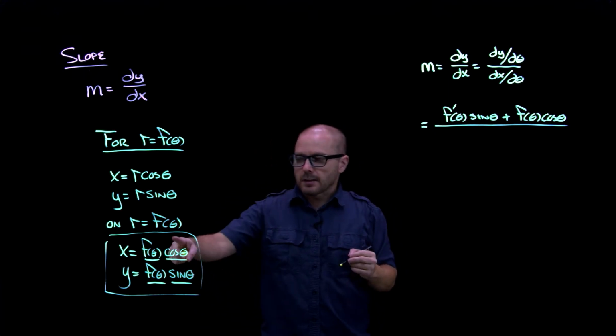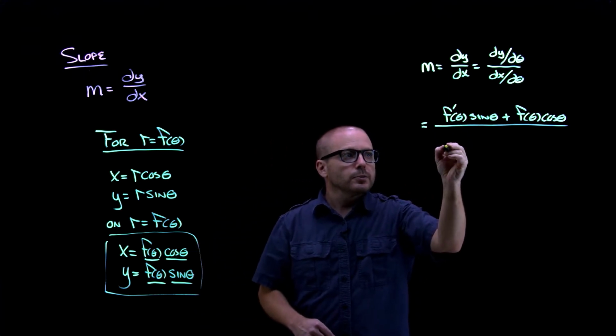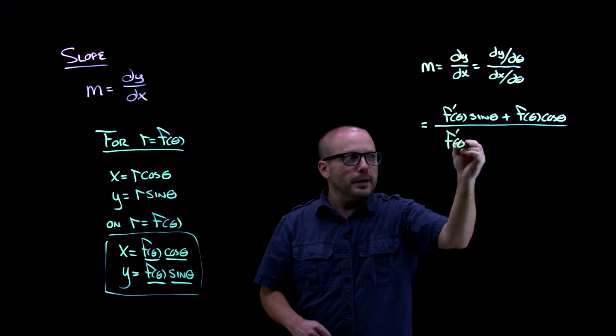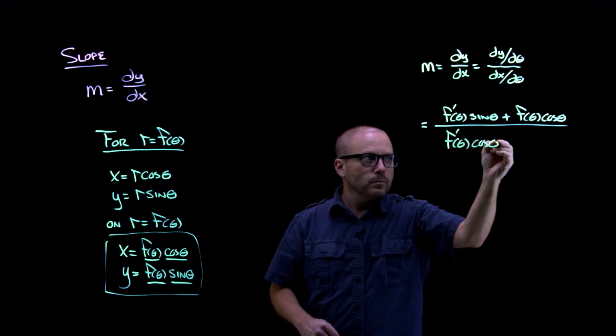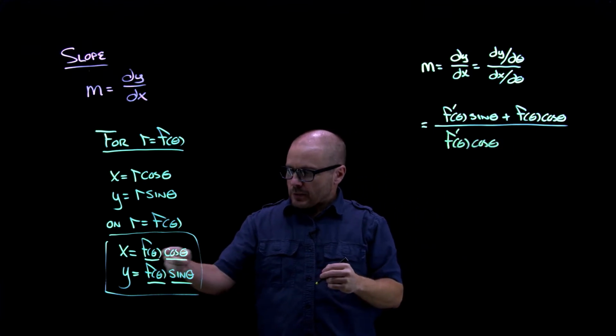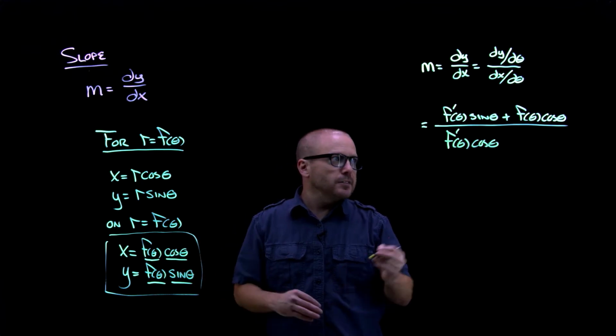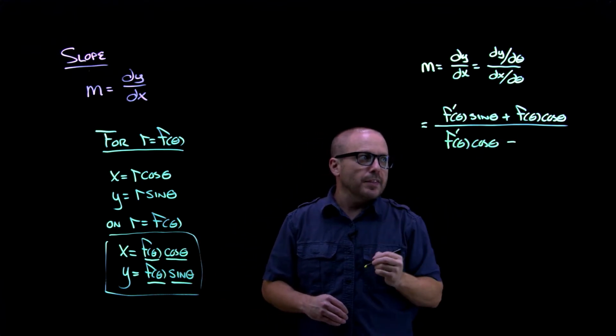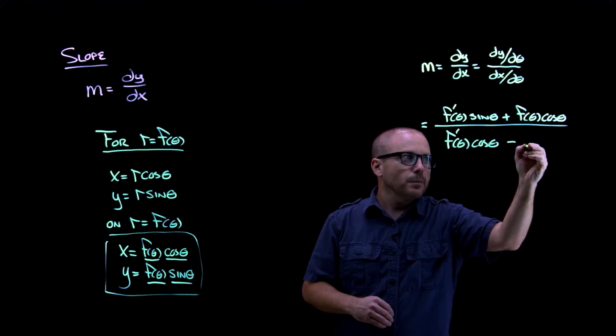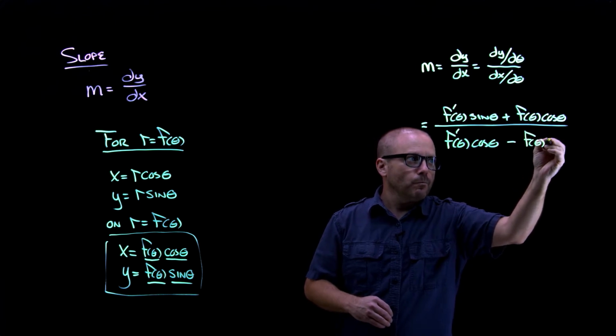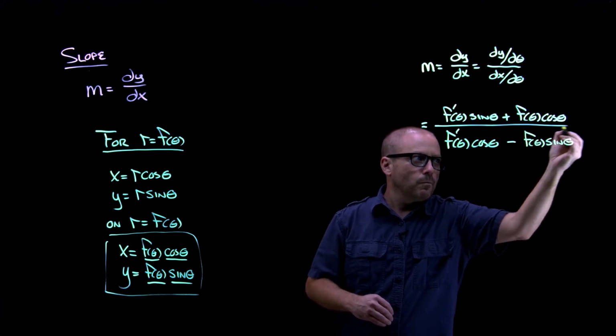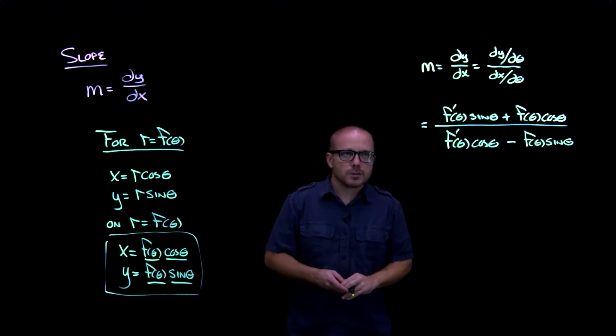And dx/d theta, again product rule: f prime cosine, and then when I take the derivative of cosine, that's negative sine. Typically we just write that out front. So there's our formula for slope.